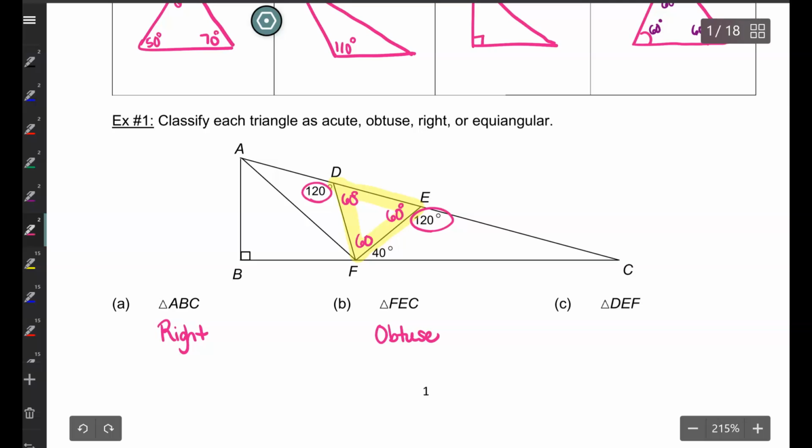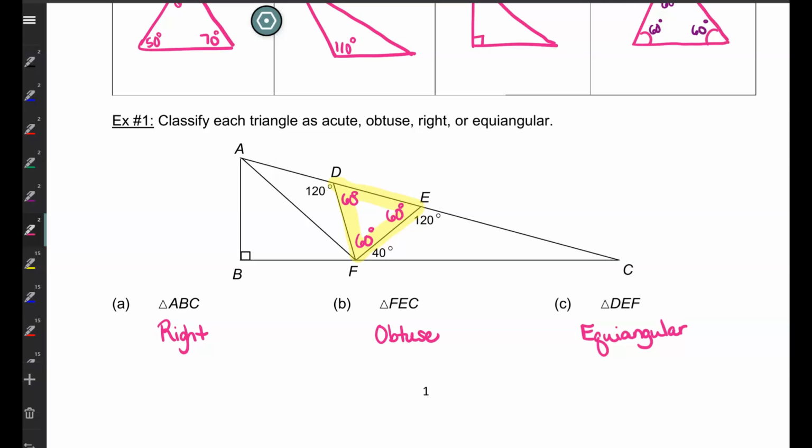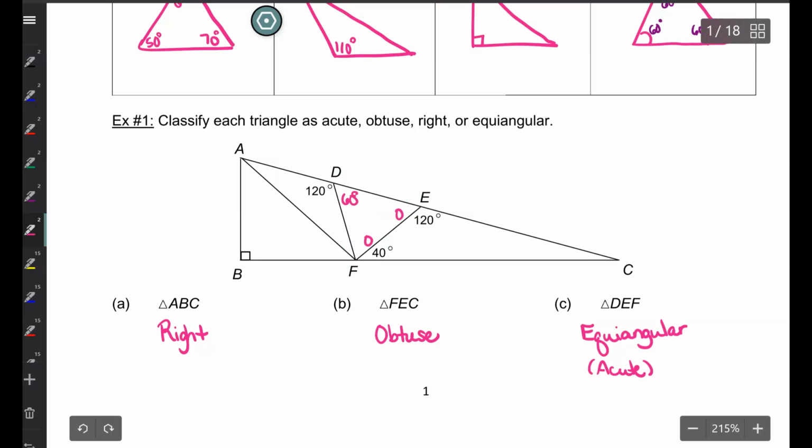Therefore, this third angle also has to be 60. So we are going to classify this as equiangular. Technically, it's also an acute triangle, but equiangular is a type of acute triangle, but I want to use the one that's going to best describe it, so that's why I'm going to go more so with the equiangular.